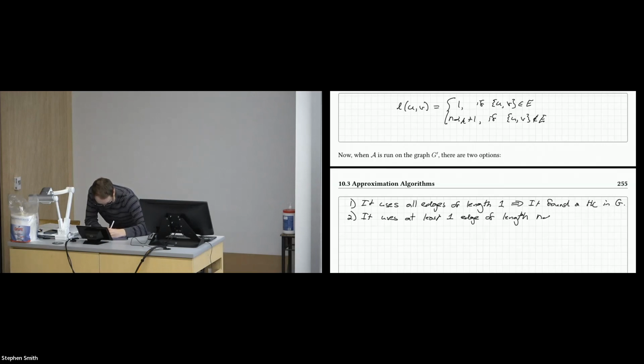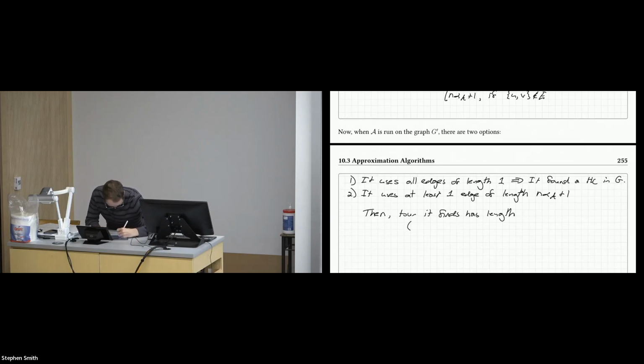alpha A n plus 1. Then the tour it finds has a length greater than or equal to n minus 1 edges of length 1 plus 1 edge of length n alpha A plus 1.